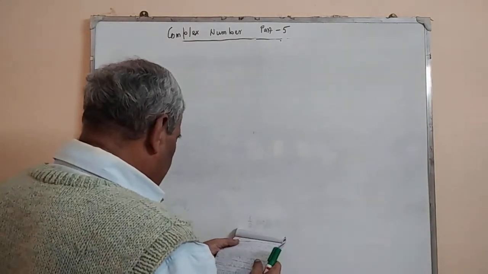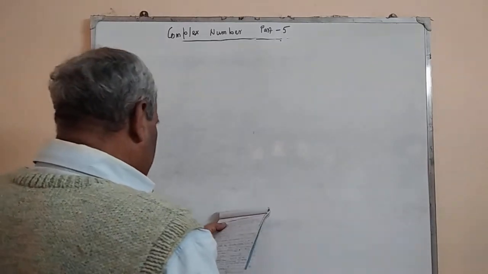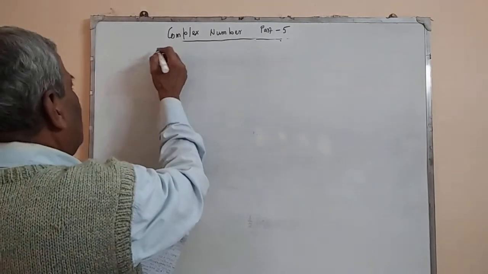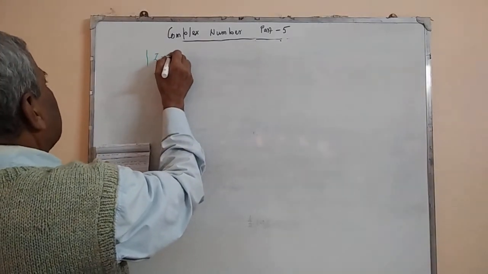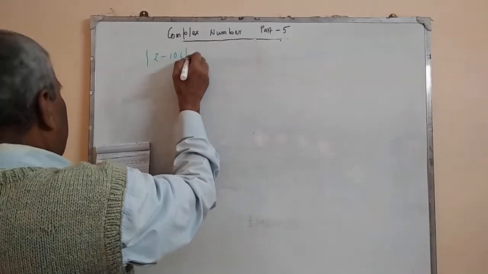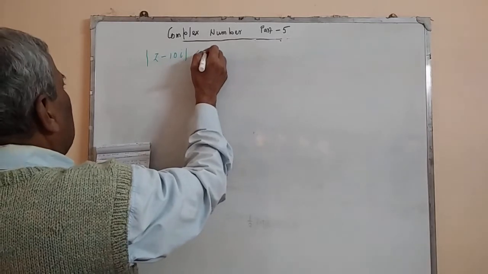The next problem: Z is a complex number such that mod of (Z minus 10I) is less than or equal to 6.